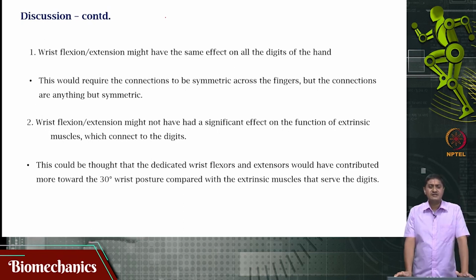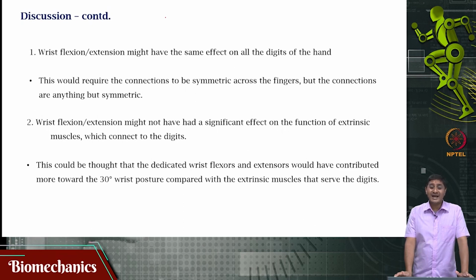This could be because the dedicated flexors and extensors of the wrist would have contributed more towards achieving this wrist posture when compared with the contribution made by the extrinsic muscles whose function is to serve the individual digits or fingers.